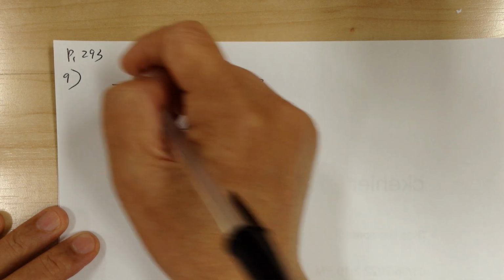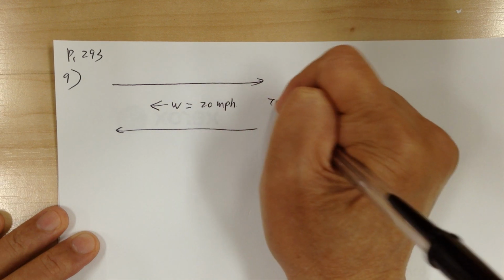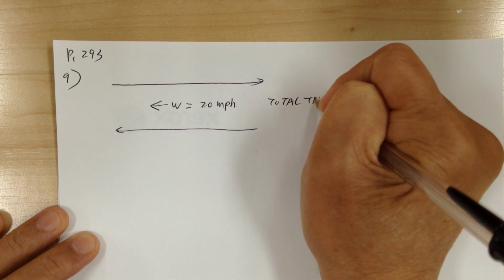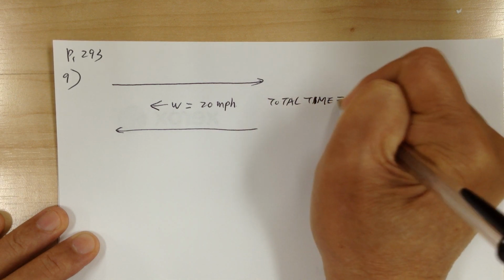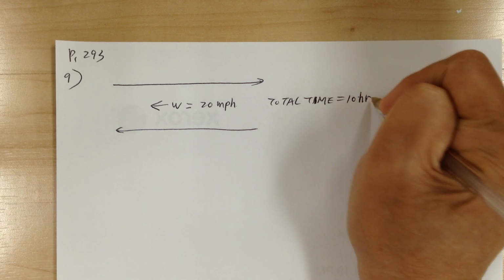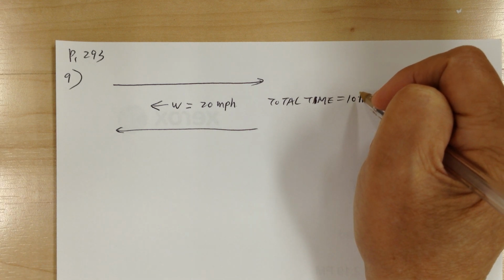It says the round trip took 10 hours of flying time, so the total time equals 10 hours. Again, you have to read carefully and get all the information.